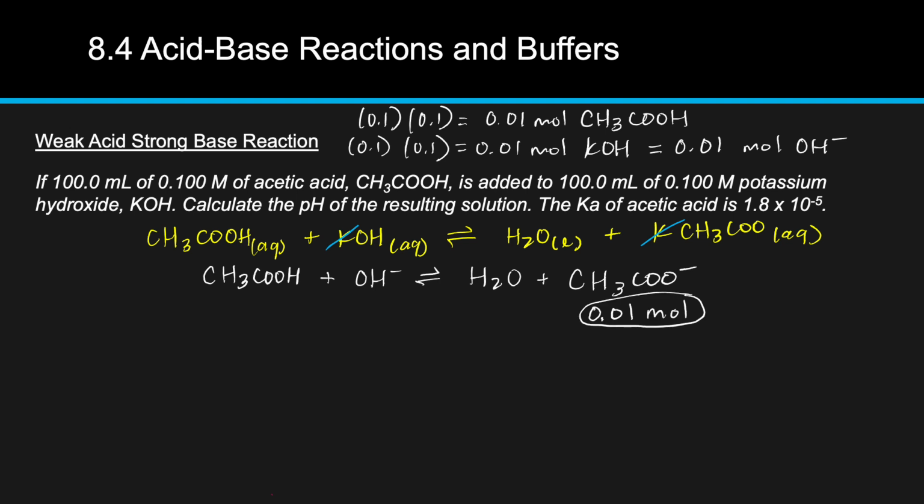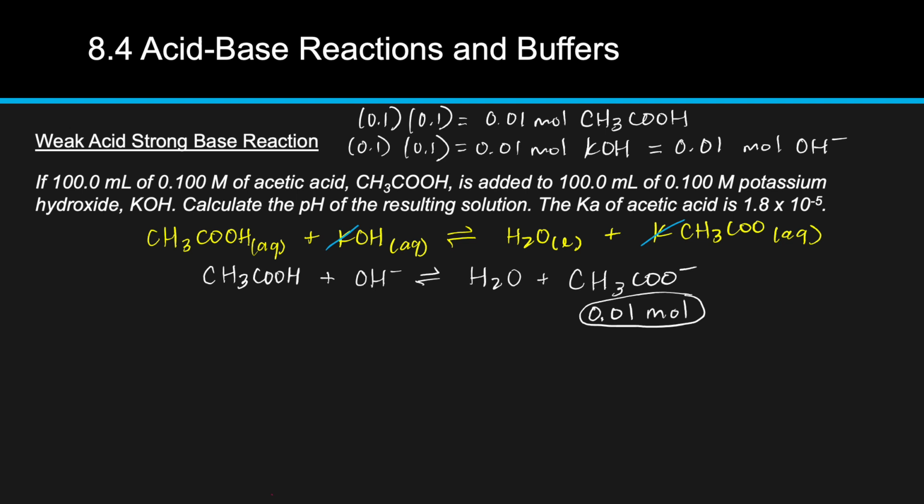So now that I know that my acid and my base completely neutralized to make my acetate, I now have a starting point to solve for Kb and to use Kb to solve for my concentration of hydroxide. So we know that acetate is a base which produces hydroxide.